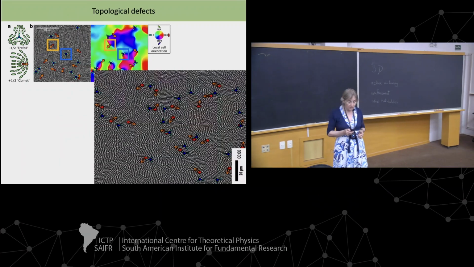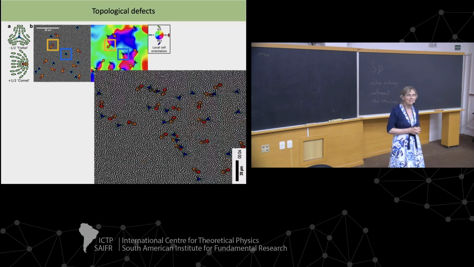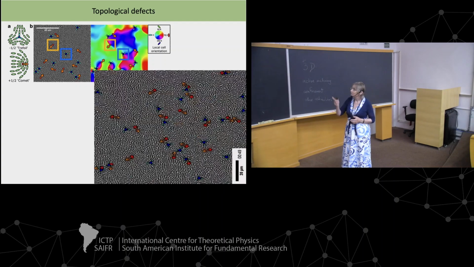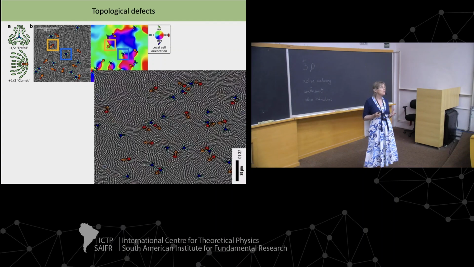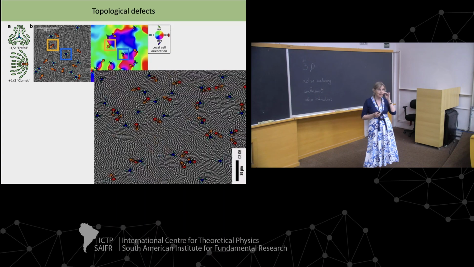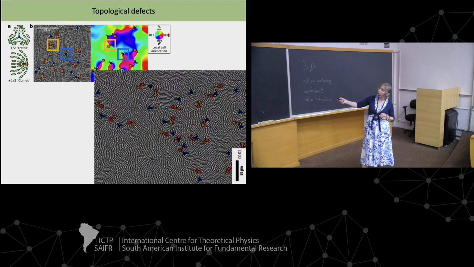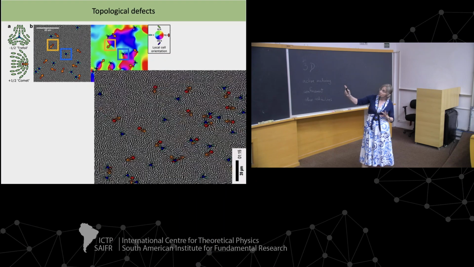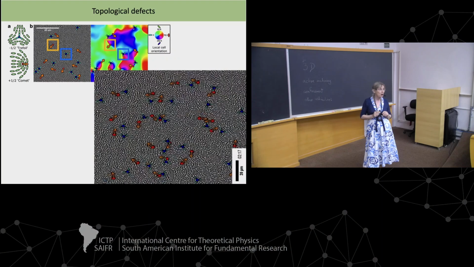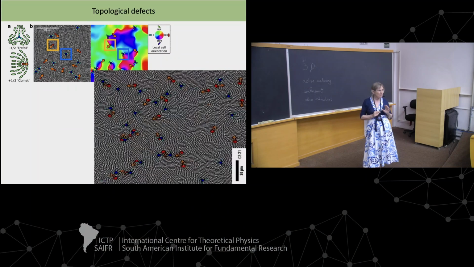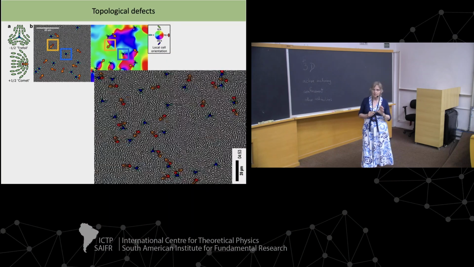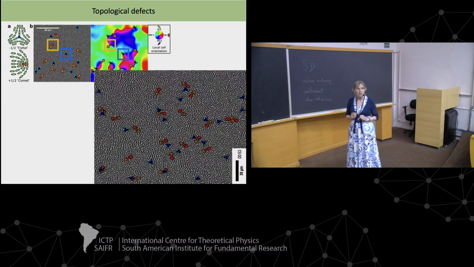Okay, so because it's this lecture, it's going to have something to do with topological defects. We can identify topological defects in this bacterial layer, and these show the plus one-halves, which here are red, and the minus one-halves, which here are blue. They're not very long-lived topological defects, but you can identify them.